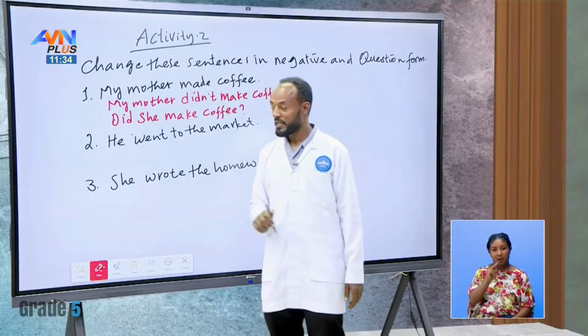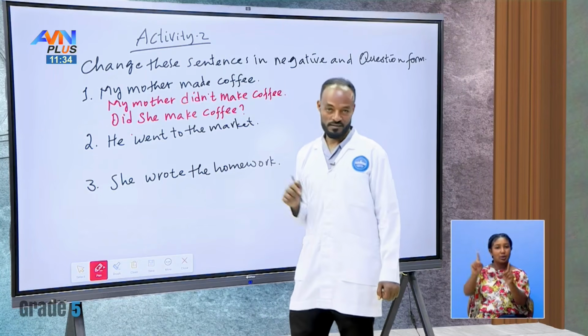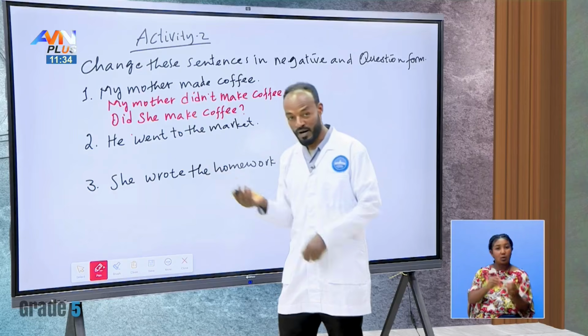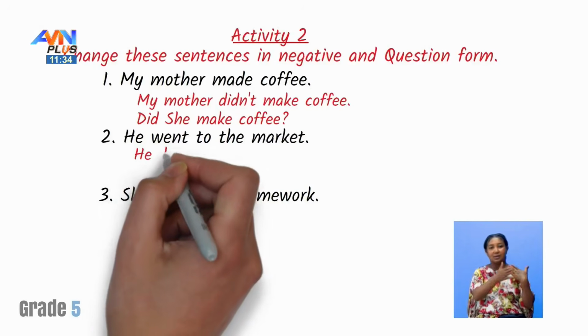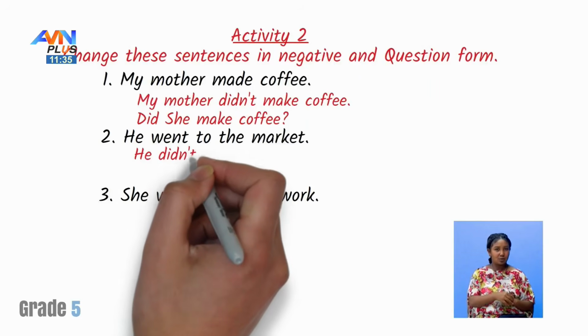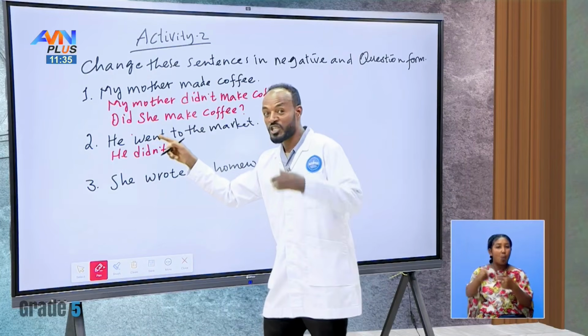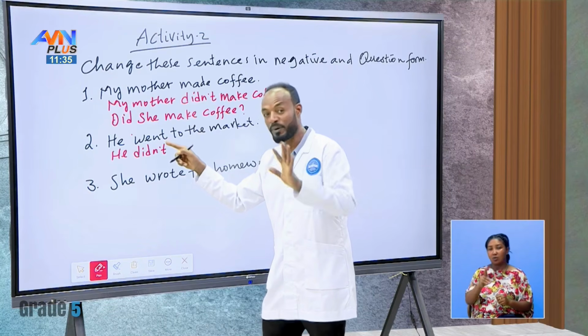Look. What about the second one? He went to the market. Then the subject should be here. He didn't. Then the verb should be changed into base verb, the verb without ed or d or past tense forms.